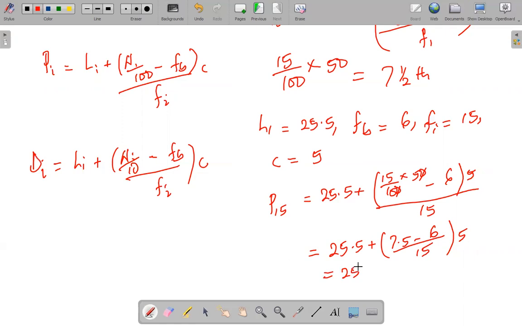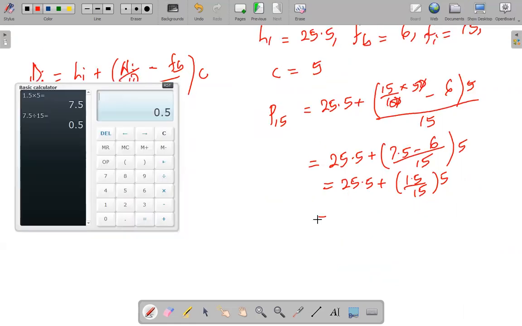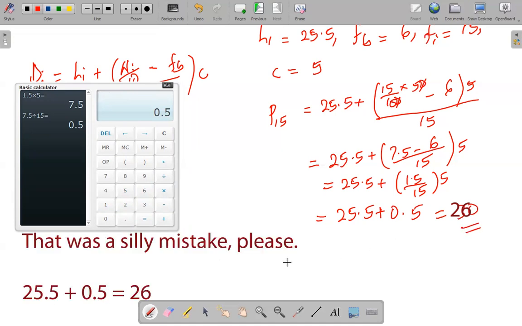This will be 25.5 plus 7.5 minus 6, which is 1.5, over 15 times 5. 25.5 plus 0.5, which is 30. Therefore, the 15th percentile is equal to 30.